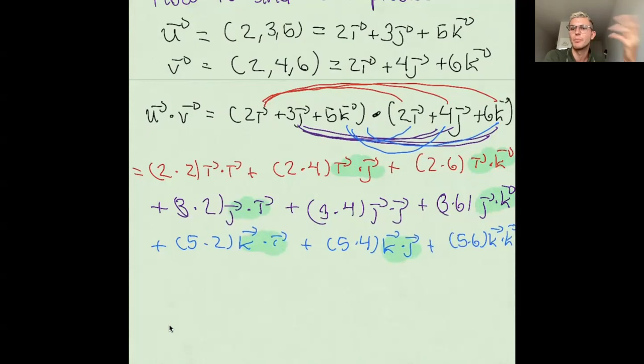A priori, we had 9 things to add, and 6 already die automatically. So let me put that this is 0, 0, 0, 0, 0, 0, and the others simplify a little bit because i dot i was 1.